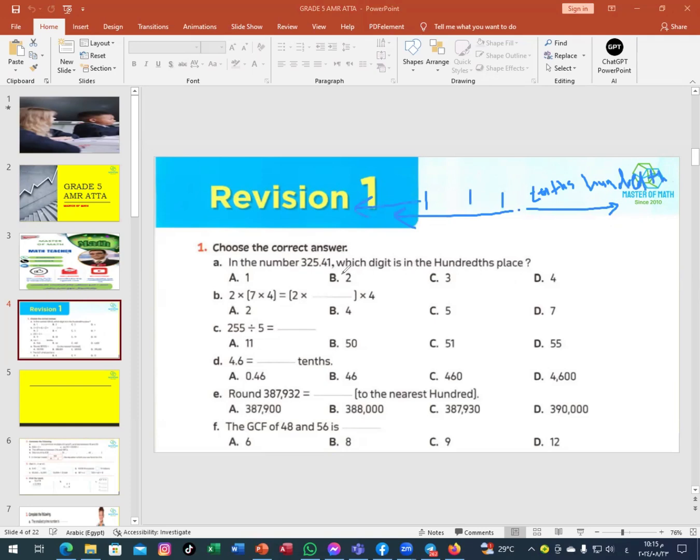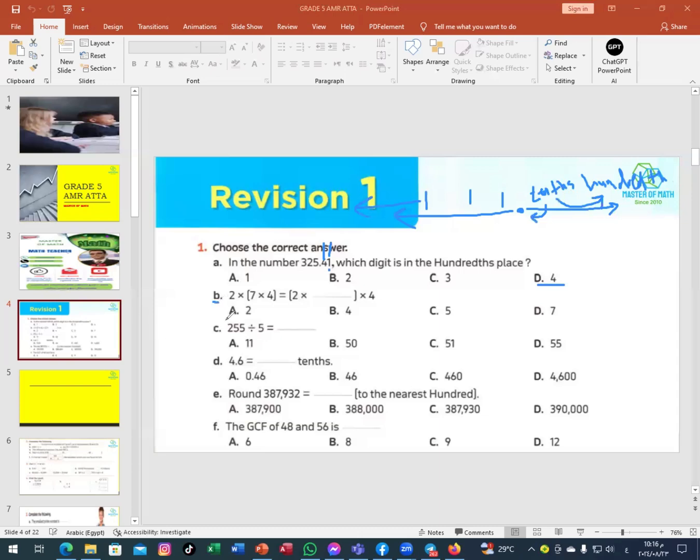The digit which is in the hundredths place is 1, because beside the decimal point is tenths and the next is hundredths. So 4 is tenths and 1 is hundredths. So the correct answer is 1.